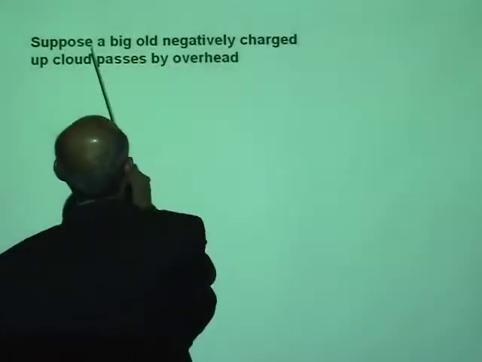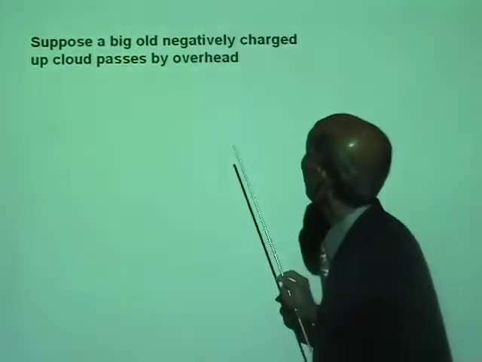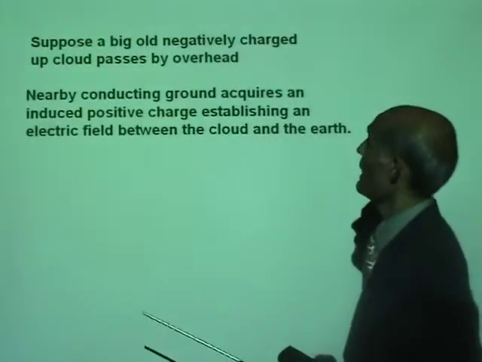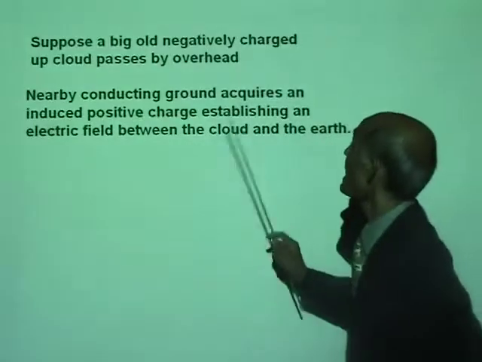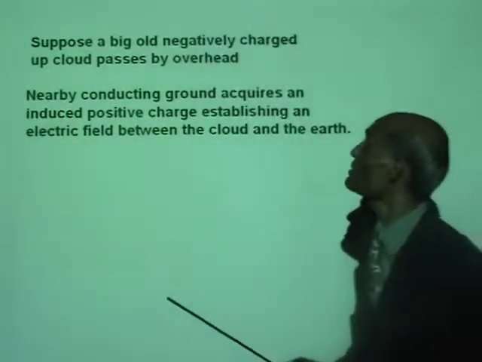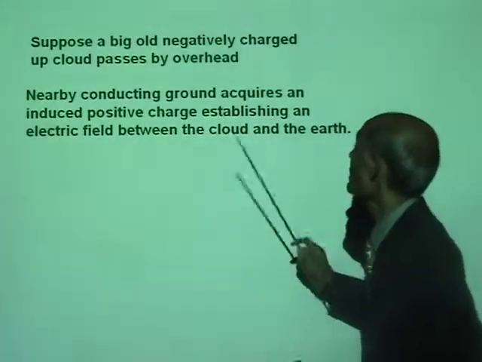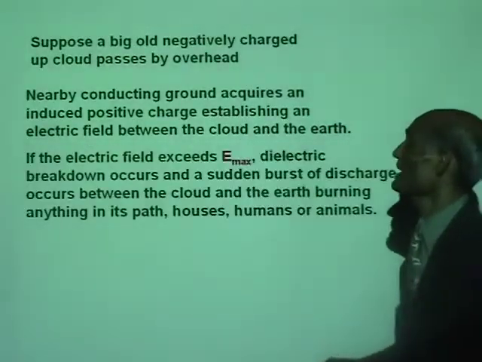Alright. Now suppose a big, old, negatively charged up cloud passes overhead. Nearby conducting ground acquires an induced positive charge, establishing an electric field between the cloud and the earth.